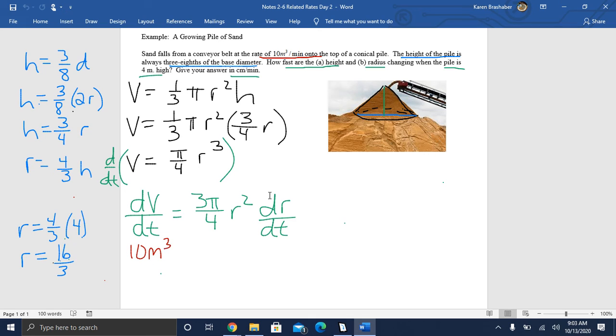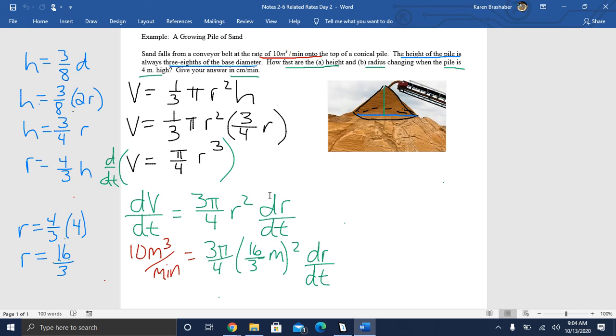All right, so we have 10 cubic meters per minute for the rate of change of the volume, and then 3 pi over 4 times our 16/3 meters, and that is squared. And we're looking for the rate of change of the radius, the dr/dt.